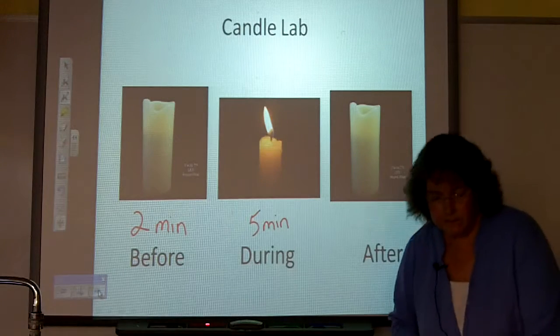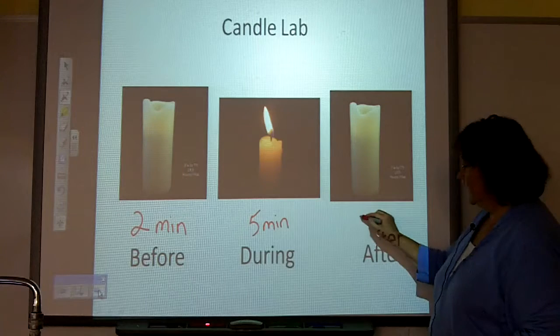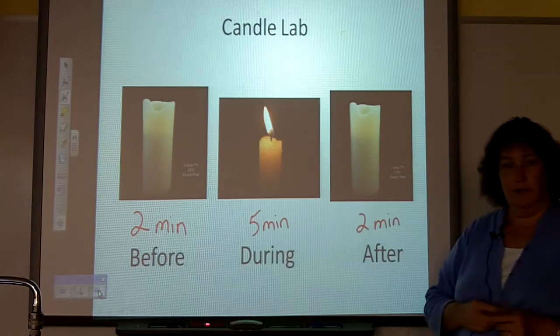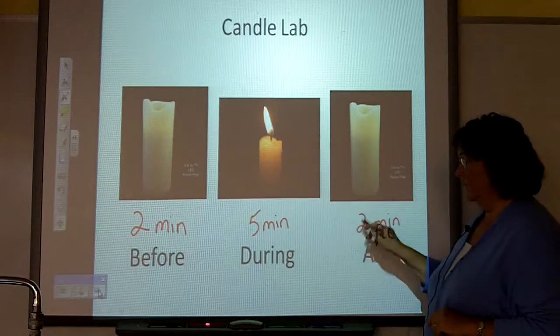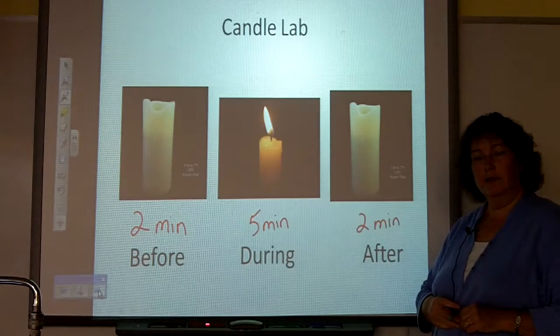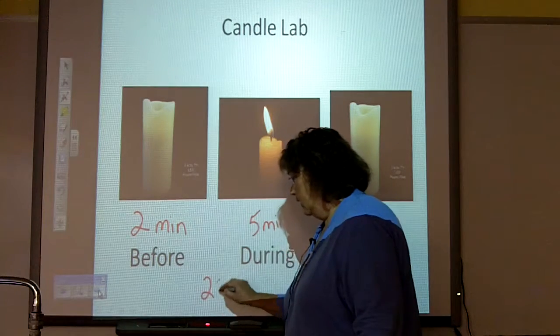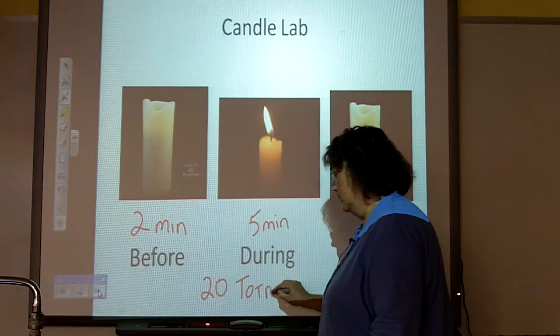After 5 minutes, blow that candle out. And after being blown out, make 2 more minutes worth of observations. So altogether, you'll have 9 minutes of observations, and I want to see a list of at least 20 total observations.